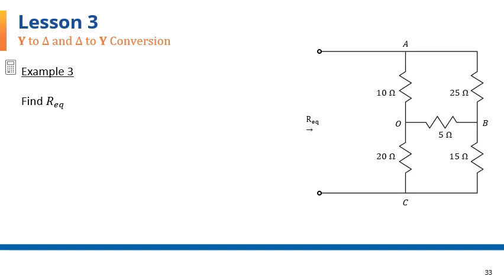Converting any of these to the opposite configuration will make it possible to find REQ, the equivalent resistance. For this example, I'll replace the set of Y-connected resistors, the 10, the 5, and the 20, with their equivalent in delta.